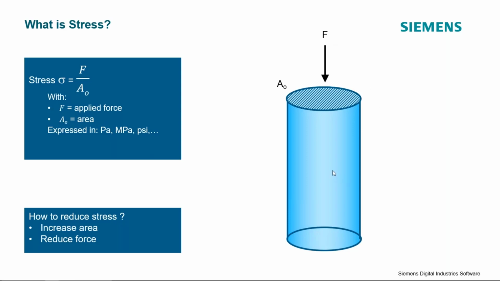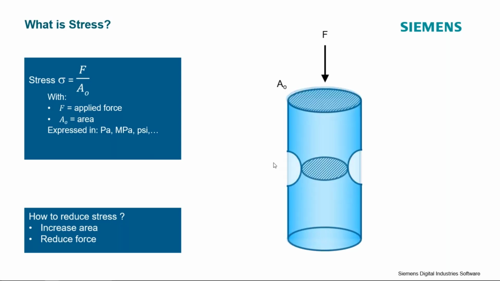Conversely, if we were to reduce the effective cross-sectional area, so if my part had a little notch cut out in it like this, this area of lower cross-sectional area is now the effective area over which my load is applied, and I will see a higher level of stress in this specimen.